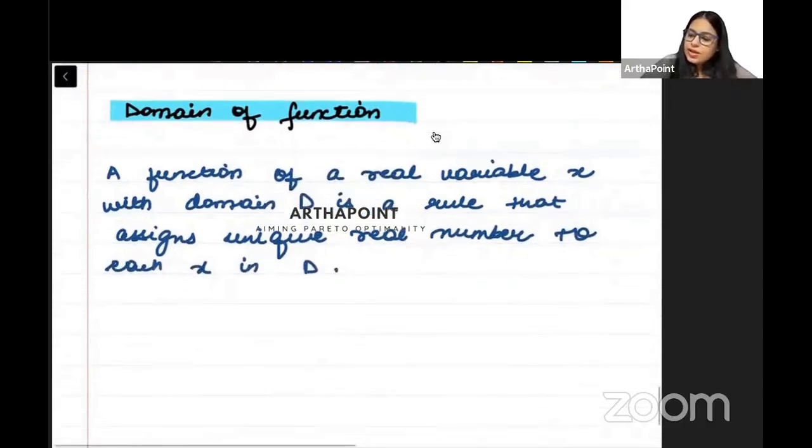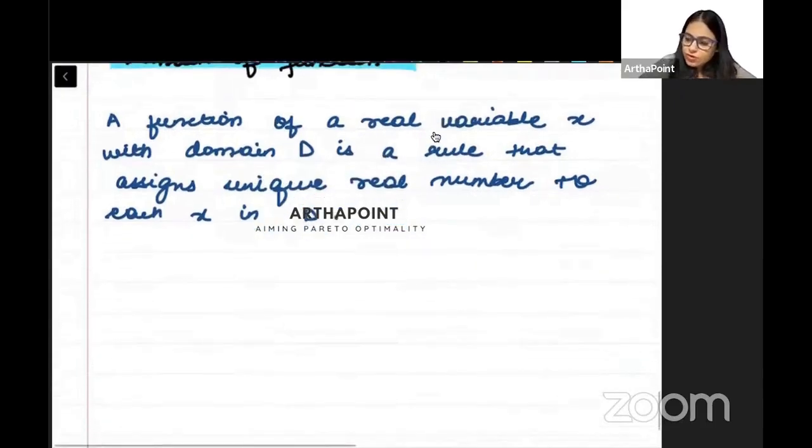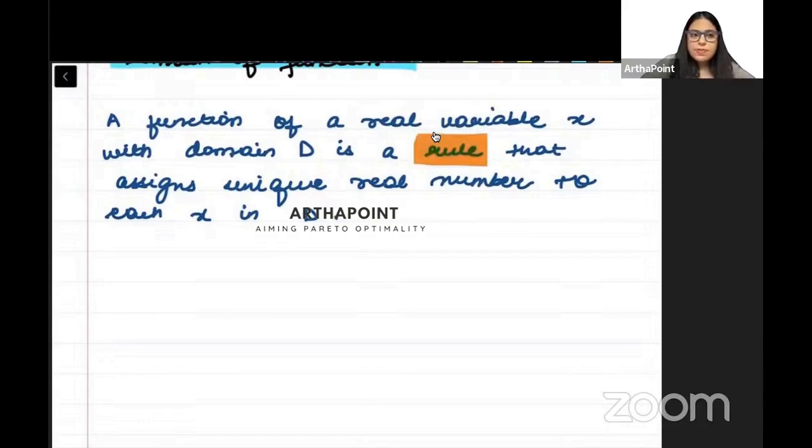क्या बोल रहे हैं हम? A function of a real number x with domain D is a rule that assigns unique real number to each x in D. सबसे पहले इसमें हम जो वर्ड पे फोकस करेंगे, the word I will be focusing on, that is called as rule.